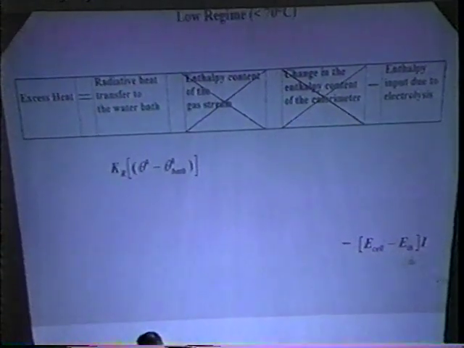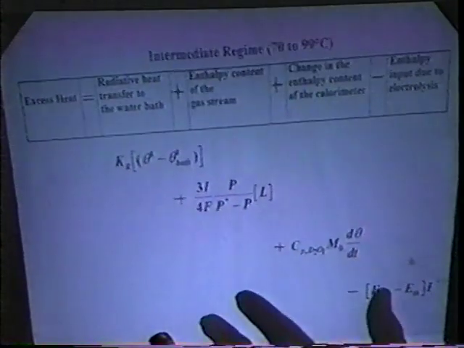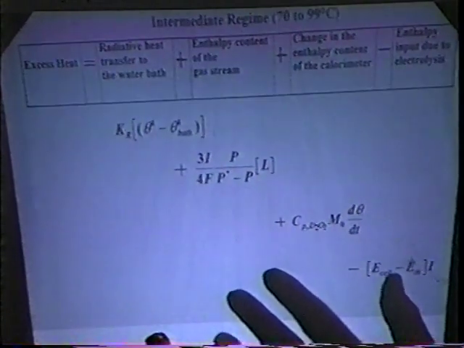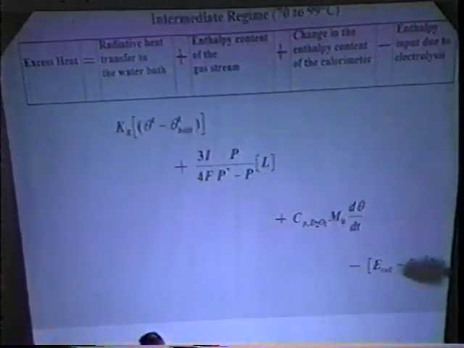And because the temperature is almost constant, there is no effect due to the enthalpy of the calorimeter. So the only terms we have are these 2. When you go to the intermediate regime between 70 and 99 degrees C, you have to add all the numbers here.